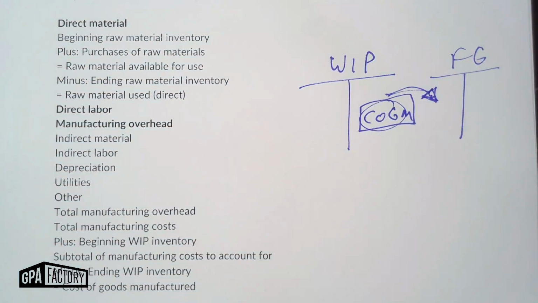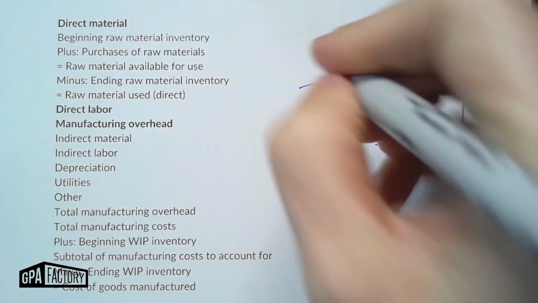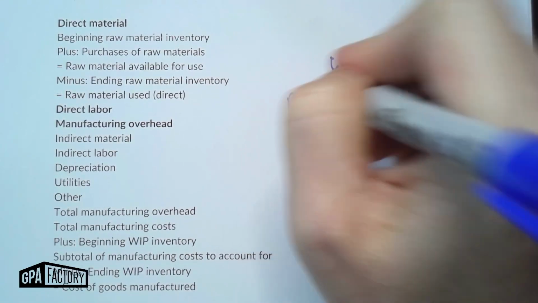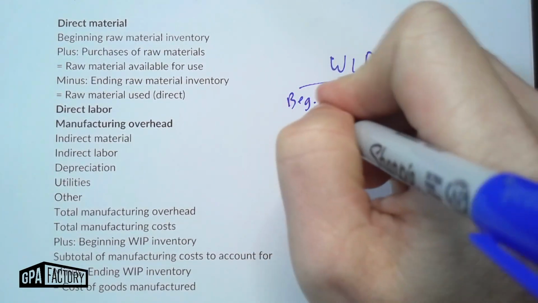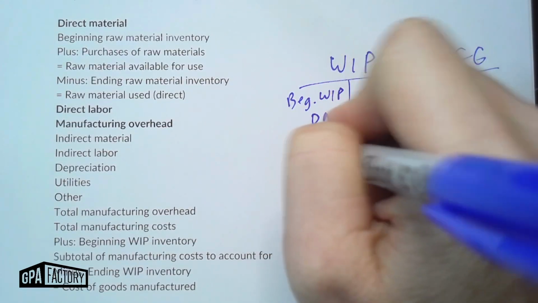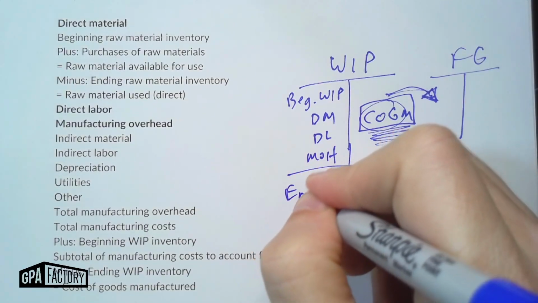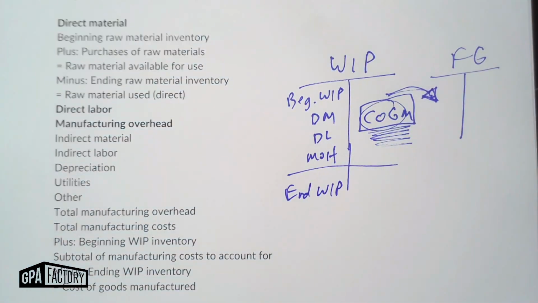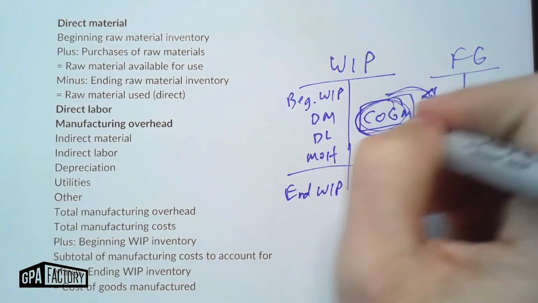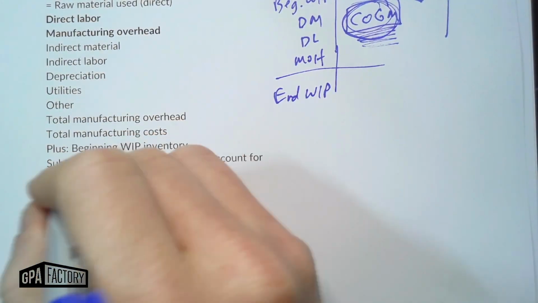Well, what is going to affect that? The way that we can build up to calculating this value is we can start with beginning work in process. We add direct materials, direct labor, and manufacturing overhead to work in process. We can then subtract off ending work in process to ultimately give us our cost of goods manufactured number. That's ultimately what we are trying to do when we work down here.